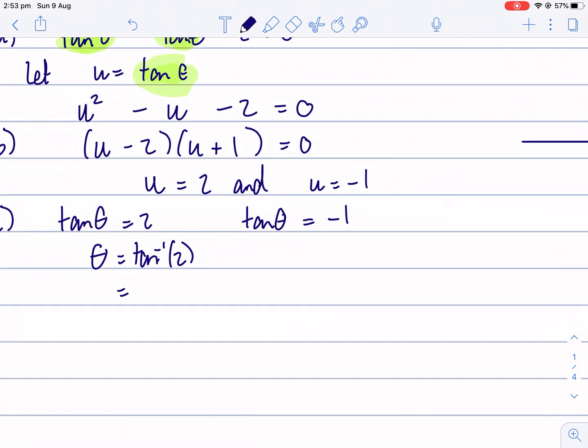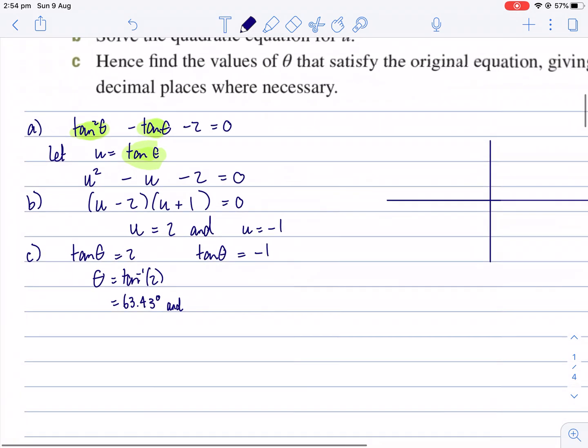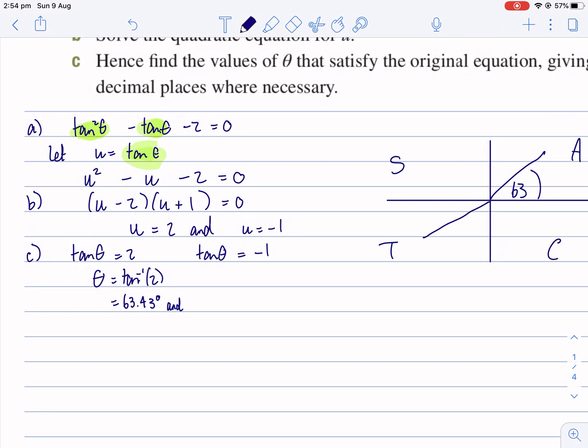If I sneakily do that in my calculator in degrees, then that gives me 63.43 degrees. The other value, SATC, that would be positive, is 180 plus 63, so 243.43 degrees, but we want them in radians.